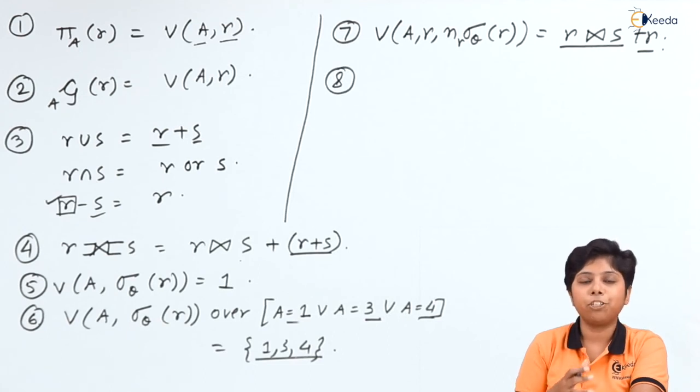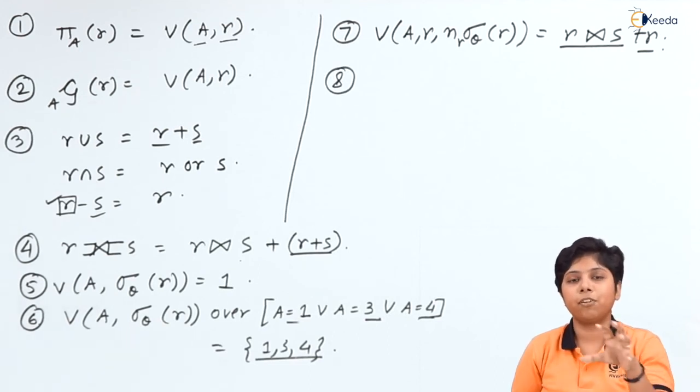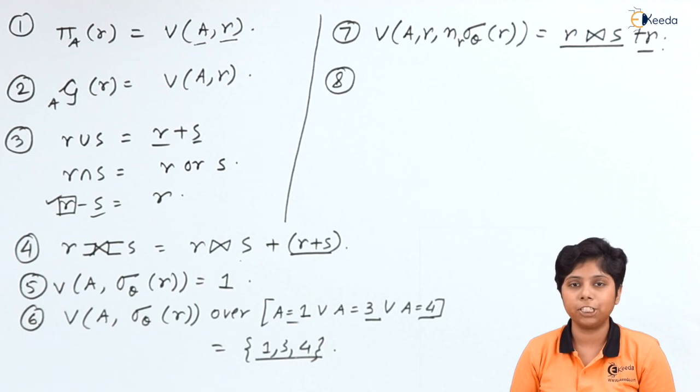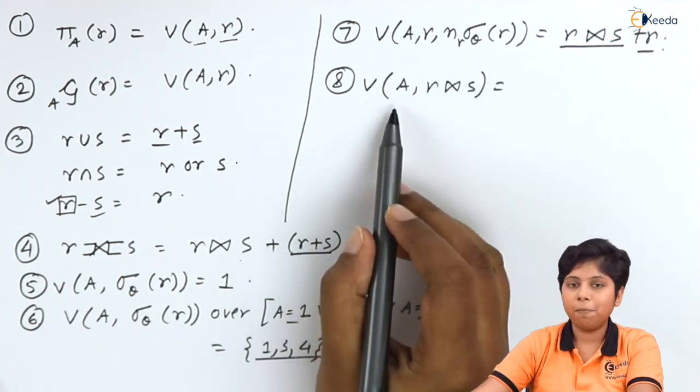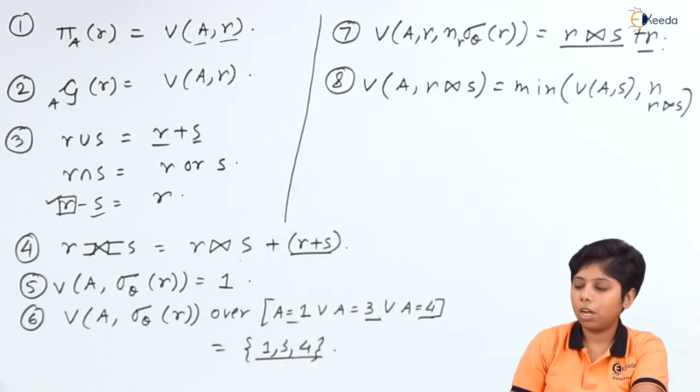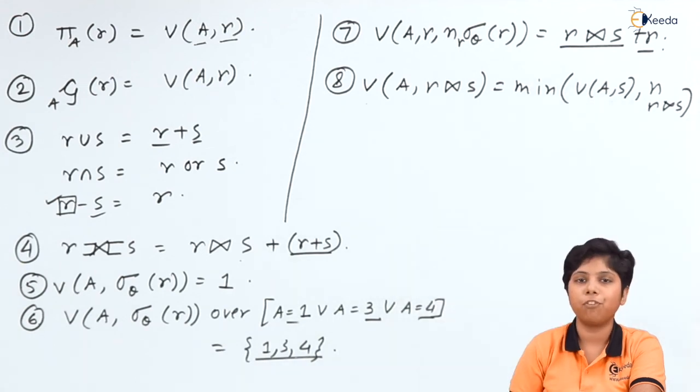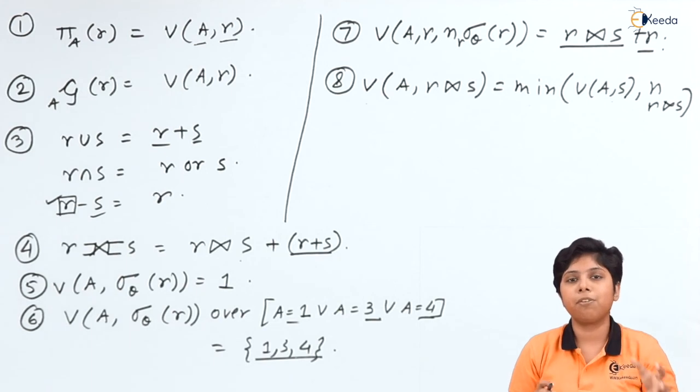Now, if all the attributes from R, that means the resultant of a join, we are having all the attributes that are in R and S, the duplicated values or some referred values. Then we can have the size of that particular selection as the minimum of the selection. That means if A belongs to R only, then we can have the minimum of this joining along with all the relation from this S. Now it is also true for S. That means the right side relation and the left side relation both will have this.